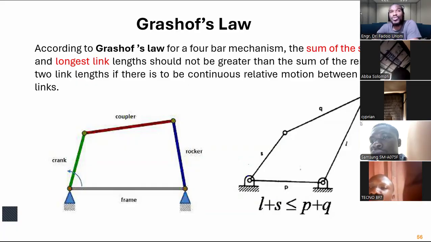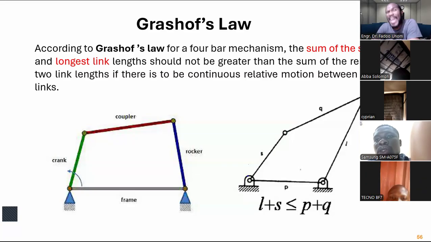That is, continuous relative motion between the crank and the rocker, the two input motions, requires the sum of the shortest and longest links to be less than or equal to the sum of the remaining 2 links.